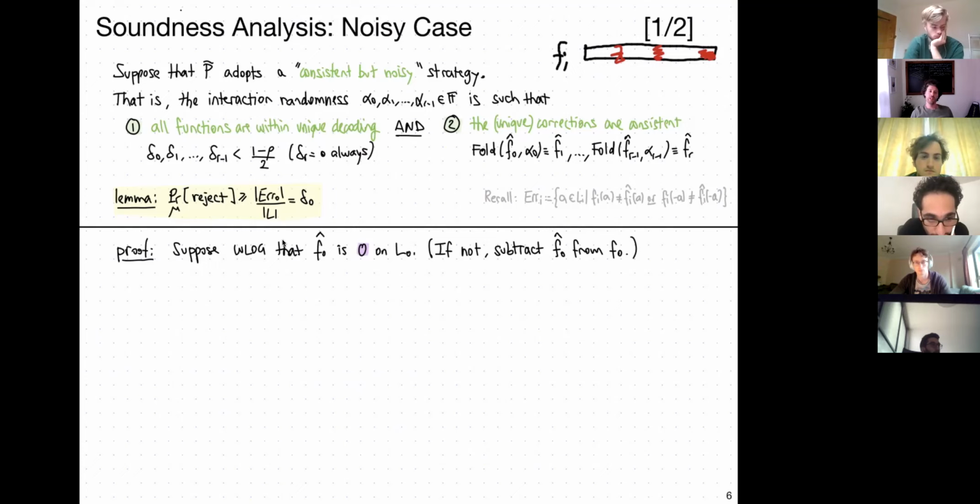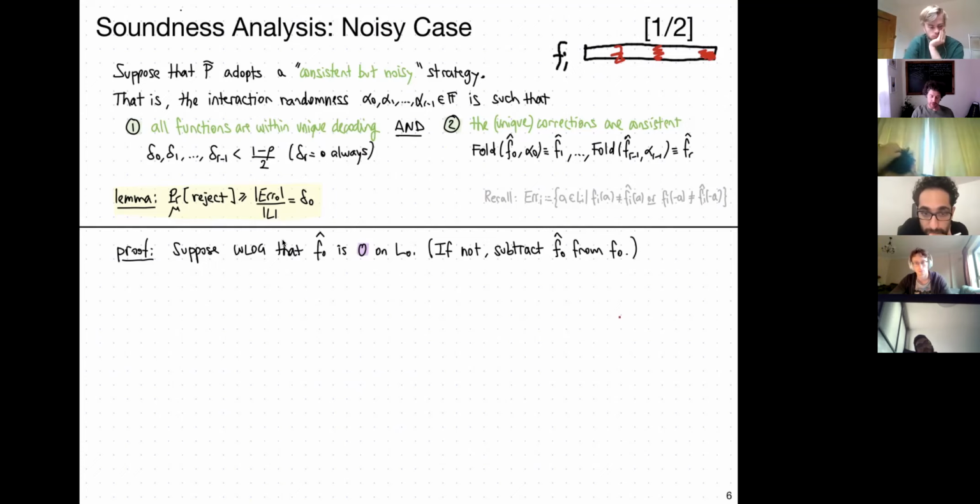Why does it make our life really easy? We know now that the original function that we want to test, f, is actually the all-0 string. It's like the function which evaluates to 0 all over the place, but delta percent of it was corrupted. So it's 0 everywhere except for some places where it takes some other values.